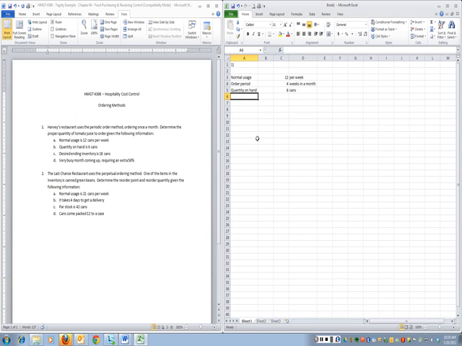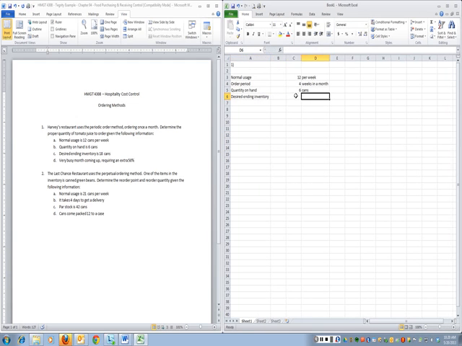Our desired ending inventory is 18 cans. And if you notice, I'm setting up the numbers and the words in two separate cells, so this way it makes it a little bit easier for me to put together the formula when I start using the formula function in Excel.